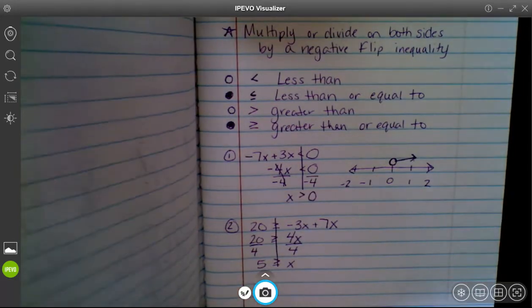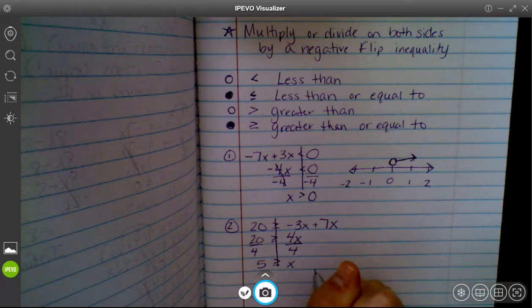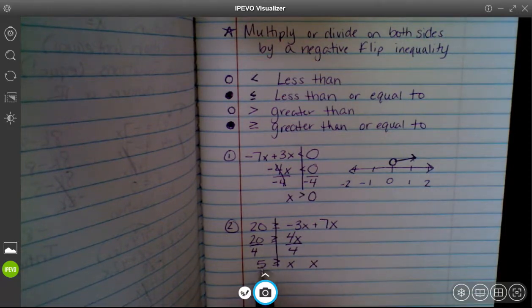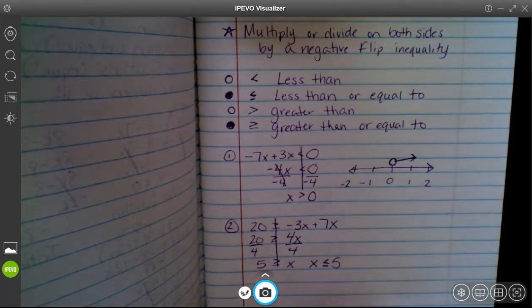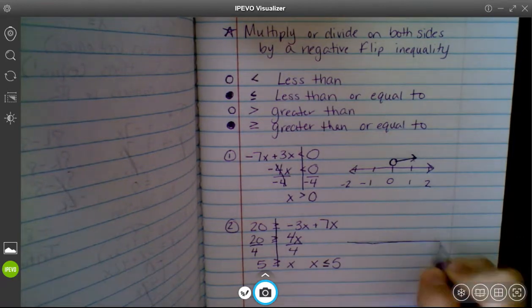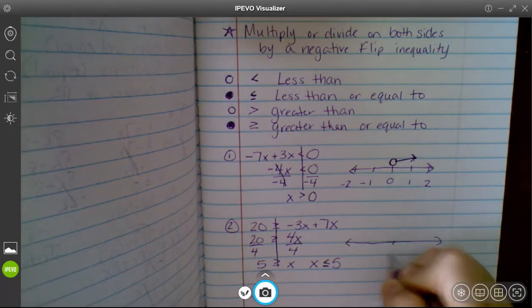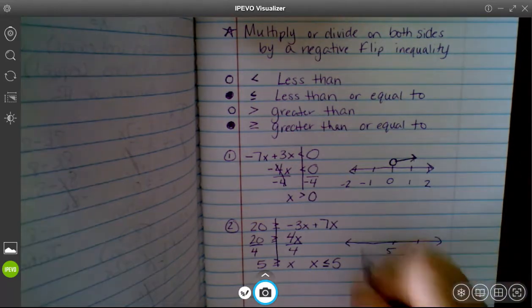I can leave it like this or I can flip it. And you guys know that I like to flip it. So I'm going to flip it to say x. Right here, if I read this, 5 is greater than x. So I'm going to flip this sign so that it still reads that the 5 is bigger than x, or that x is less than 5. So if I come over to my number line, 5, 6, 4.